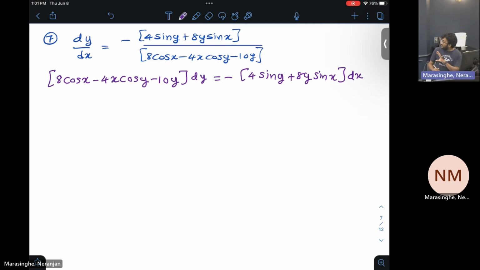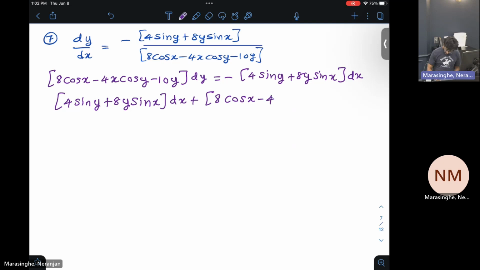If I take my right hand side to my left hand side, we would get (4 sine y plus 8y sine x) dx plus (8 cosine x minus 4x cosine y minus 10y) dy is equal to 0.